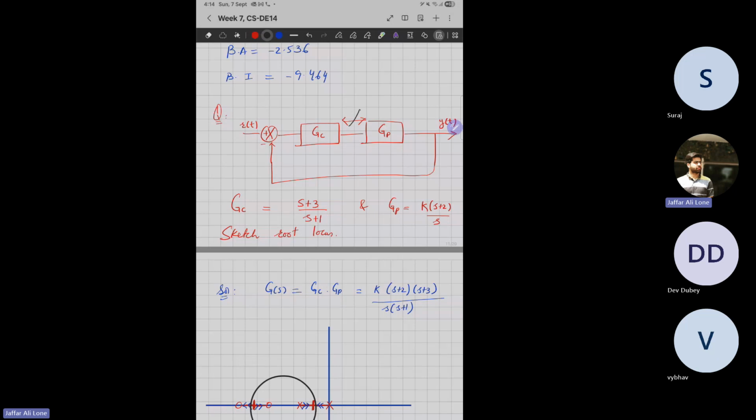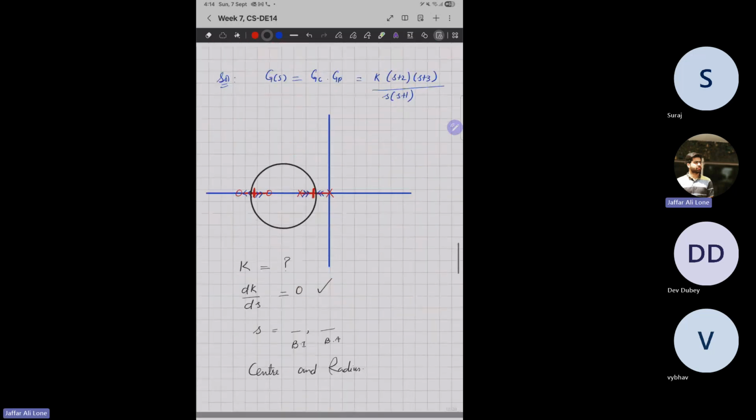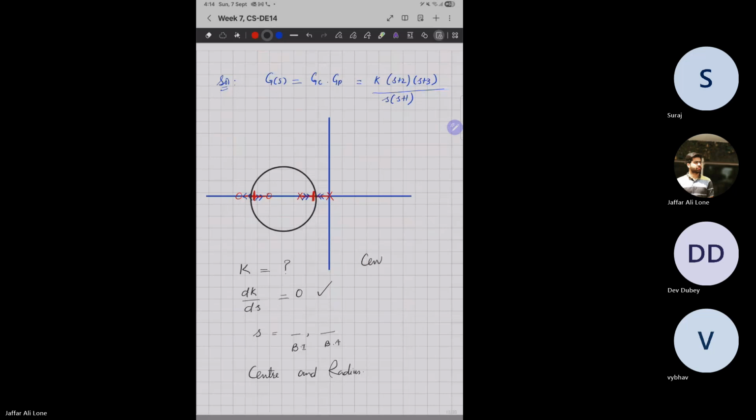But all concepts are coming. See, here is the concept of cascade, and you find the open loop transfer function, etc. So the answer will be, your center will be minus 1.5 comma 0, and the radius will be 0.75.